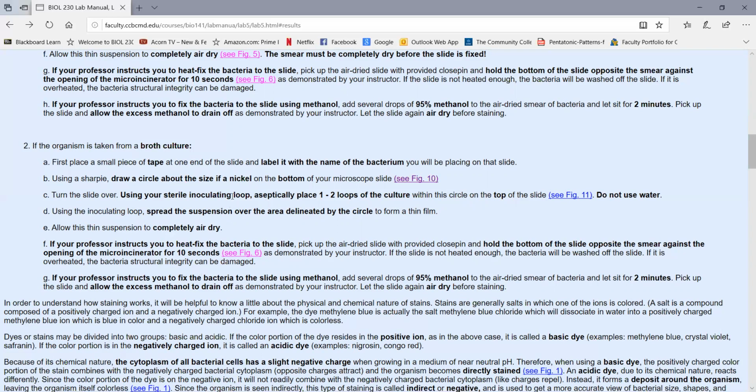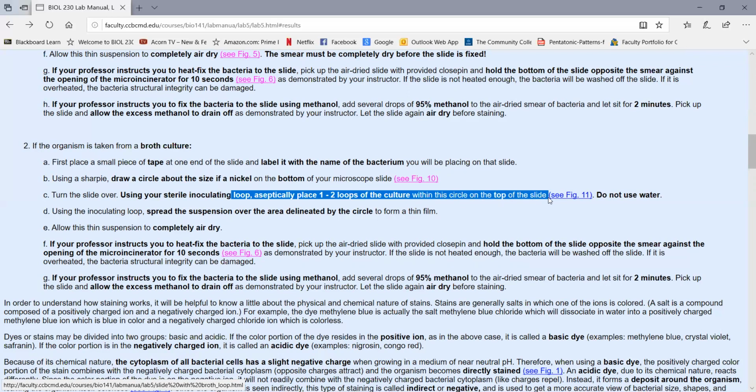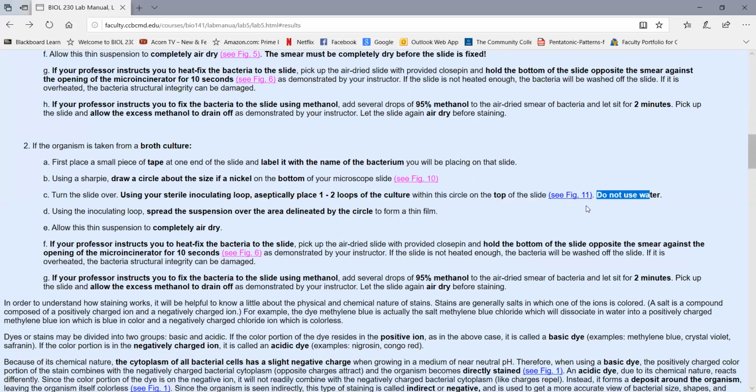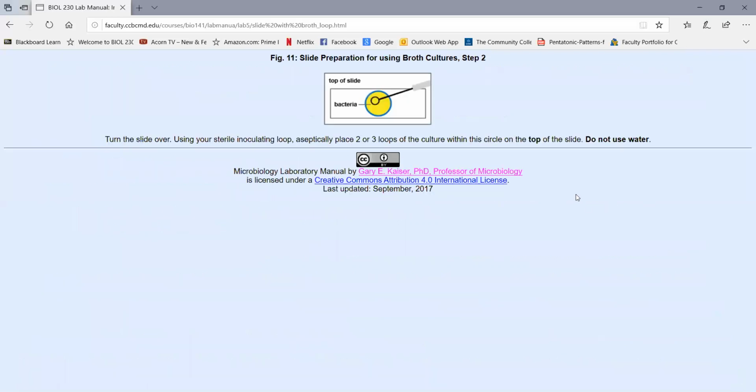Then use your inoculating loop, place 1 to 2 loops of the culture within the circle on the top of the slide. And again, don't use water because the bacteria are already in a liquid. So again, you use your loop to add the bacteria to where the circle is and spread them out over the circle, 2 to 3 loopfuls maybe.